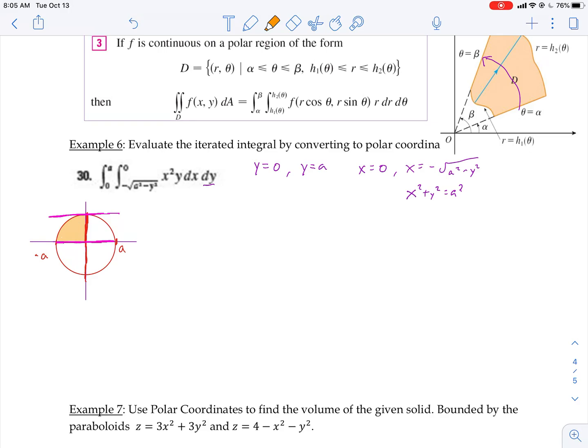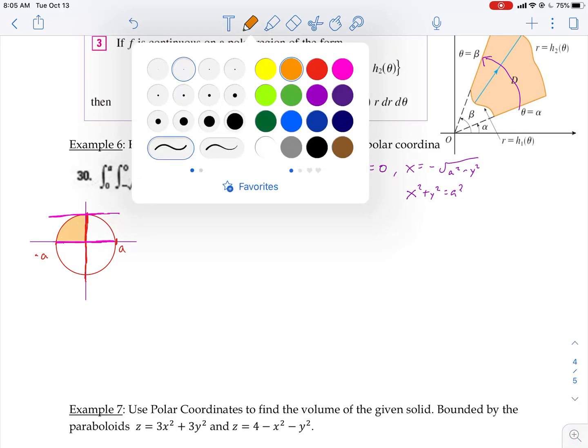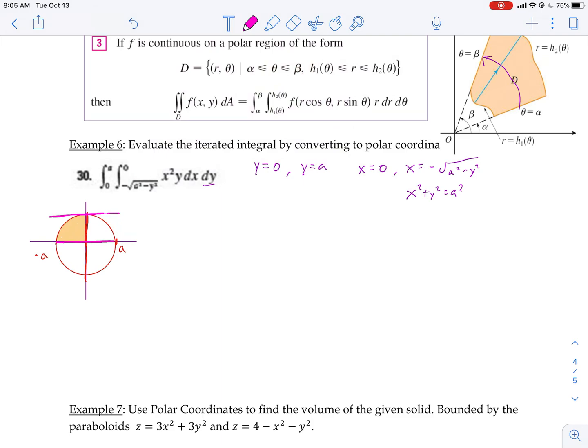All right, now we can define that in polar coordinates. Again, we get this because this right here tells us it's the negative semicircle, so this was really this side all the way over here. I just drew the circle because it gave us x squared plus y squared equals a squared. Now let's go ahead and draw the region, because now we can go to polar coordinates.